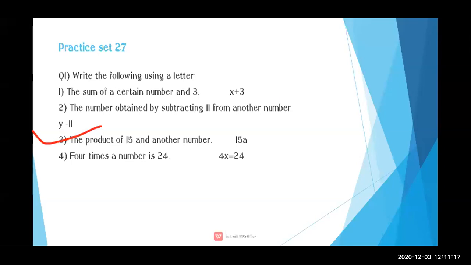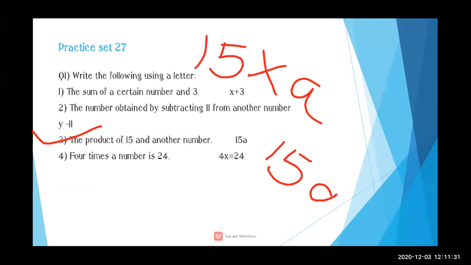You will write like this also, 15 multiplied by a, or 15 into a is 15a. So here the product of 15 and another number, which we have assumed as a. So we got the answer as 15 multiplied by a is equal to 15a.